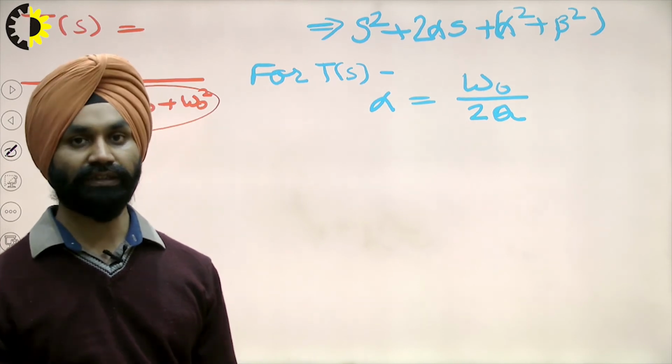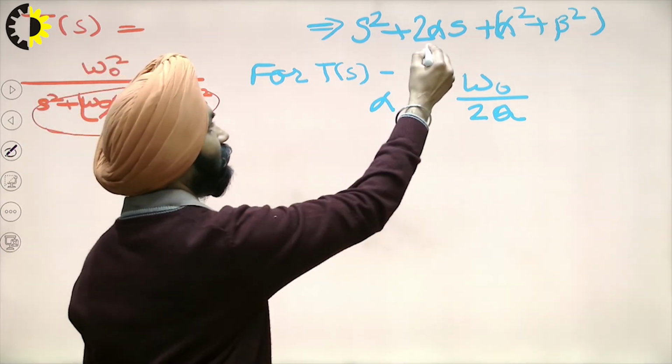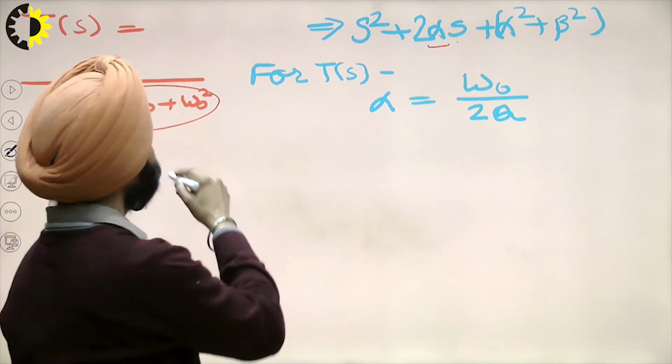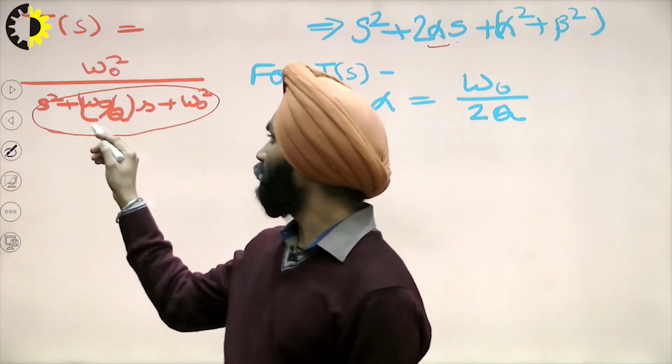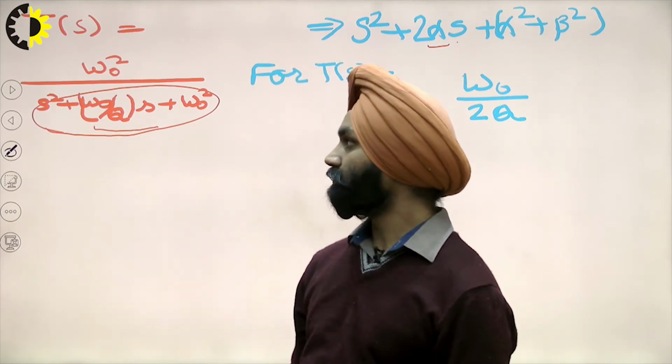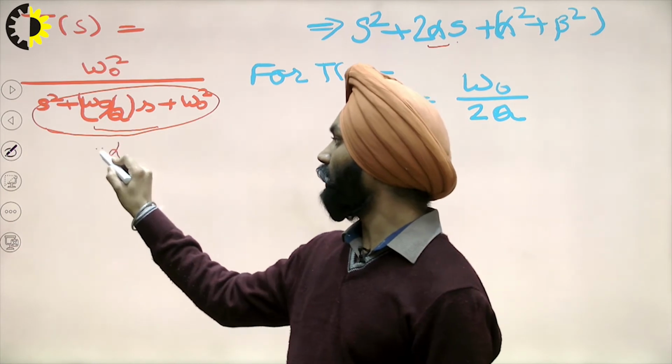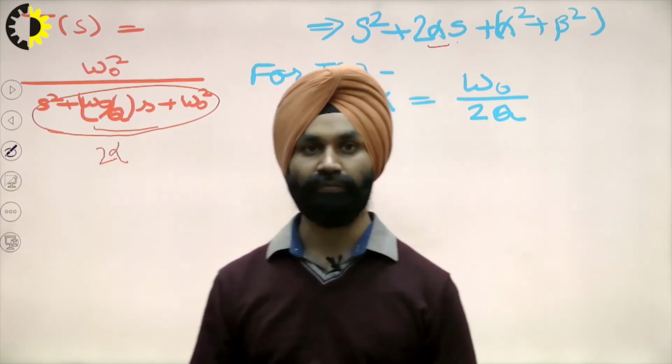So, if we equate these things, we can say that the terms of s give 2 alpha equal to omega naught by q.